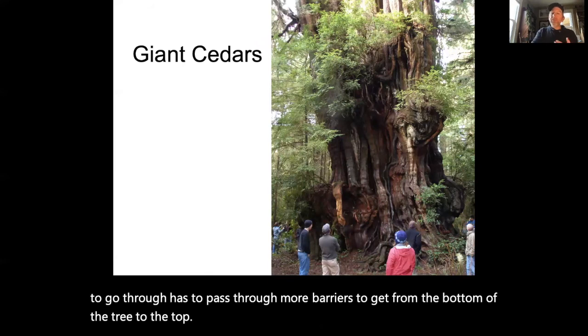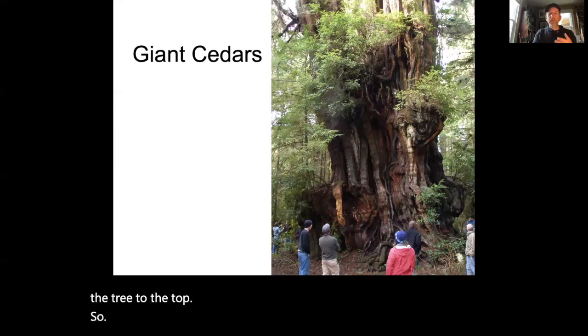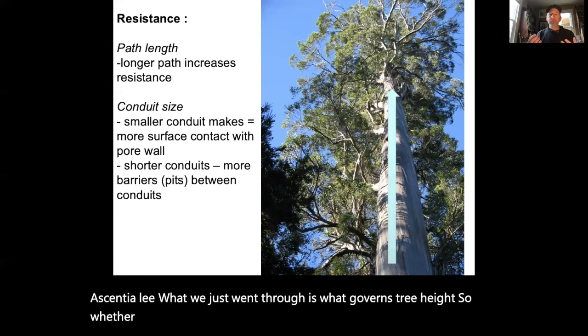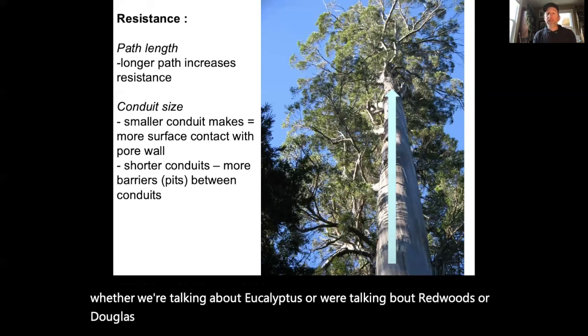So essentially, what we just went through is what governs tree height. Whether we're talking about eucalyptus or redwoods or Douglas fir, ultimately, the height of trees is limited physiologically by the stress of the water column.